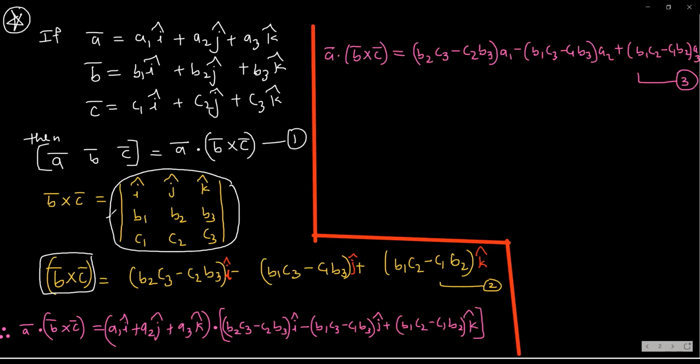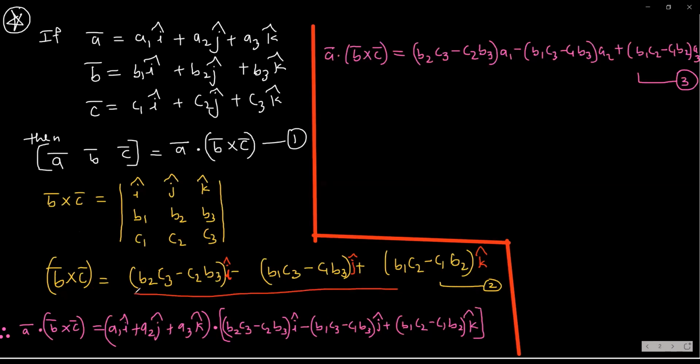Because this is also b bar cross c bar. So here I have a determinant: i cap, j cap, k cap, b1, b2, b3, c1, c2, c3. What do I have here? I have a determinant whose value is equal to this.